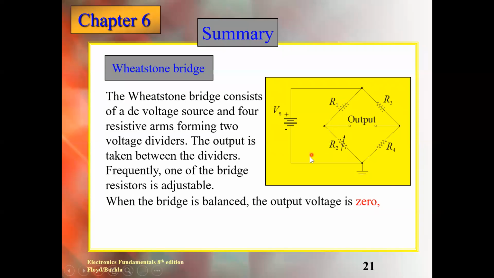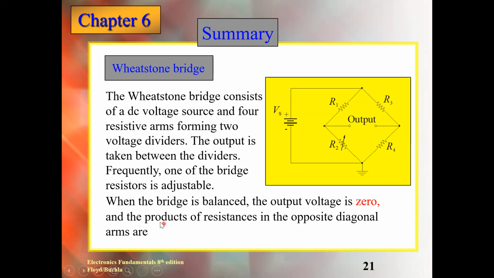Now the question comes, how do we know whether the bridge is balanced or not? If it is mentioned in the question, it is balanced. So what is the condition? In which condition will we say that the bridge is balanced? In the balanced condition, the products of the resistances in the opposite diagonal arms are equal, that is, R1 multiplied by R4 equals R2 multiplied by R3.